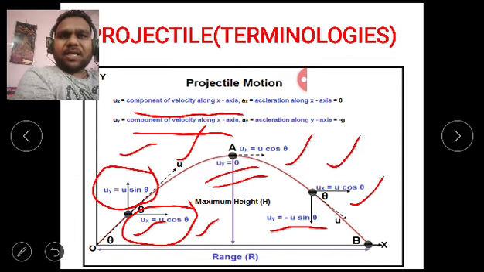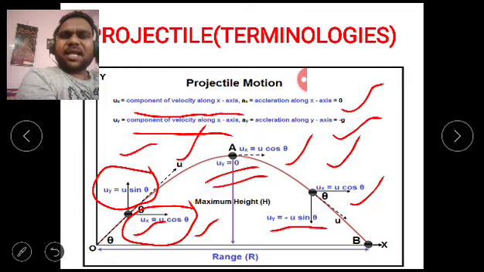So acceleration along the x-axis will be equal to 0 and acceleration along the y-axis will be equal to minus g. Why minus sign? It is acting downward. There will be no component of the acceleration acting along the x-axis. So ax will be equal to 0 and ay will be equal to minus g.